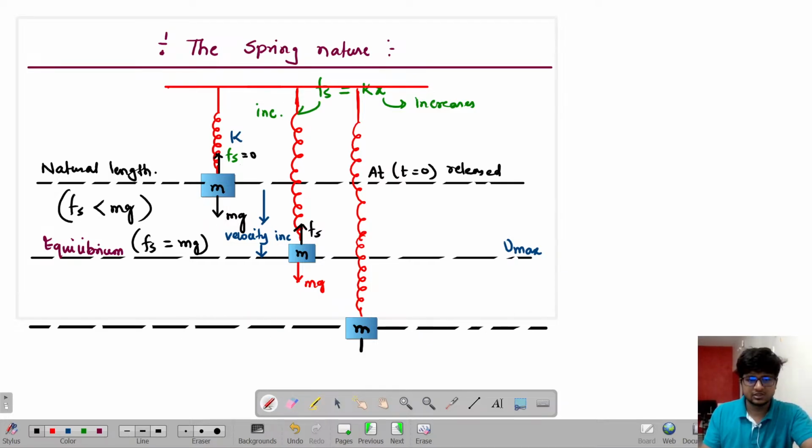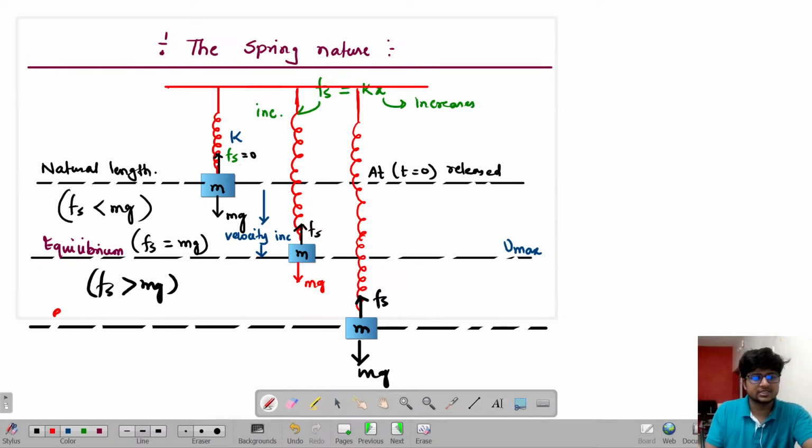Why? Because you know that as the length increases, spring force increases. So here, this is mg and this is spring force. In this region, the spring force is greater than mg. Is that clear or not?